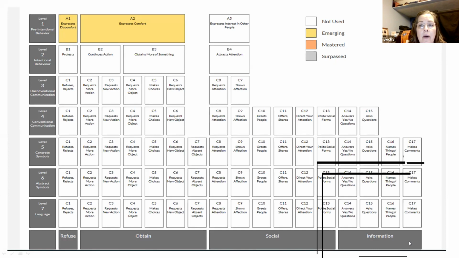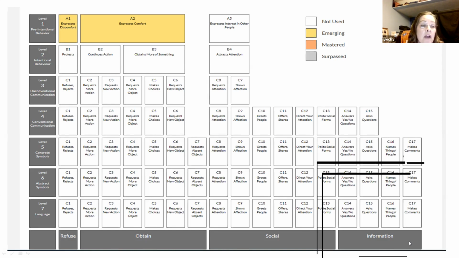And then when we think about level 6, we're now starting to think about abstract symbols. These symbols are going to stand for or represent something else. And it could be abstract symbols, braille or print words, things like that that we use to communicate, photographs. And these symbols are abstract because they are not physically similar to what they represent.